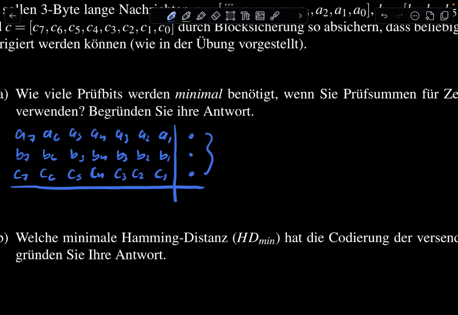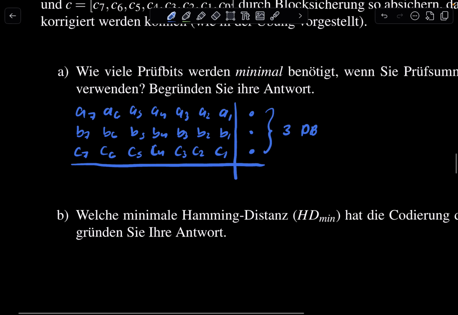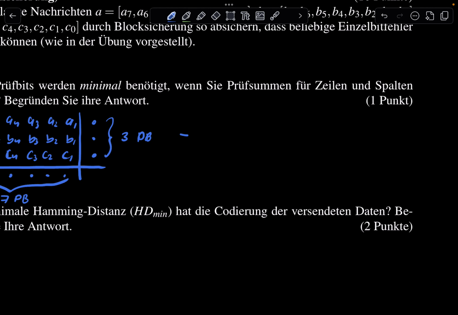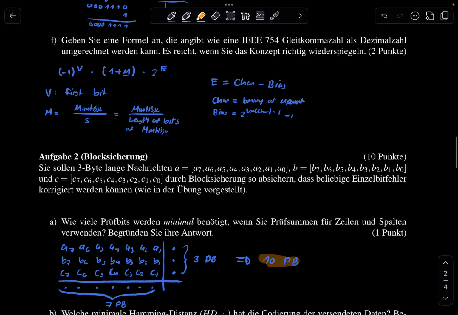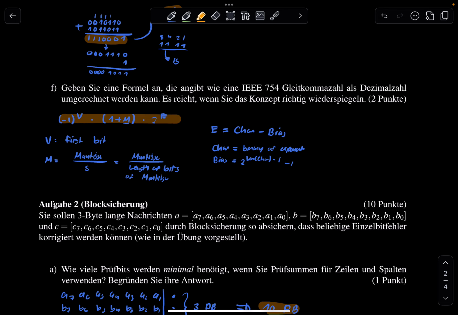So that's 3 proof bits. And then we have 1, 2, 3, 4, 5, 6, 7, so we're going to need 7 proof bits. Therefore, we need 10 proof bits. And that's simply the solution.